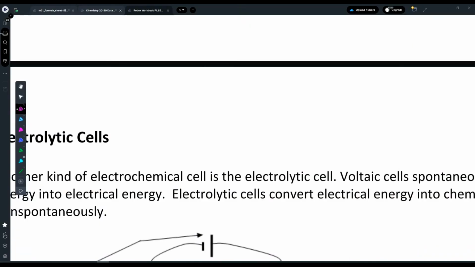You need to be able to distinguish the two different types of electrochemical cells, which are voltaic cells, sometimes called galvanic cells, and electrolytic cells.